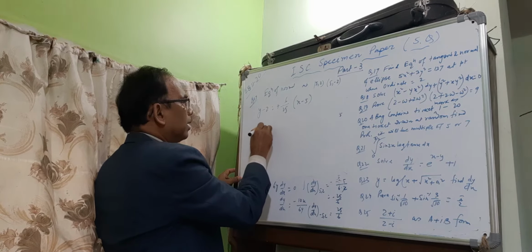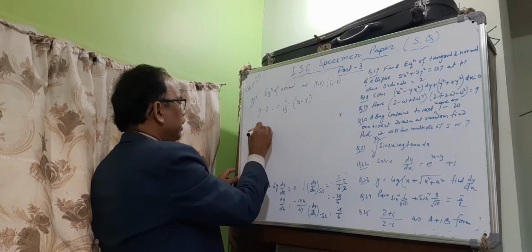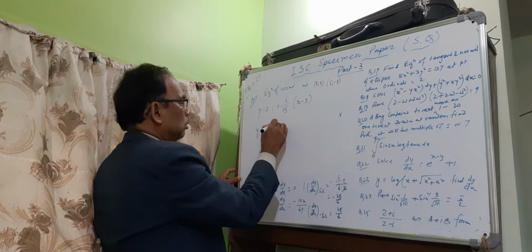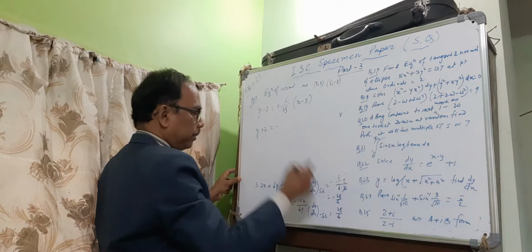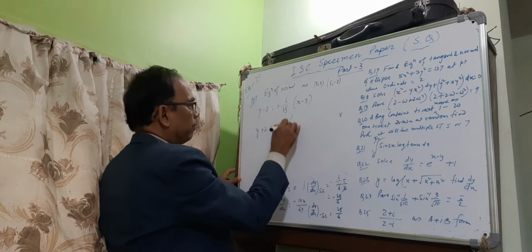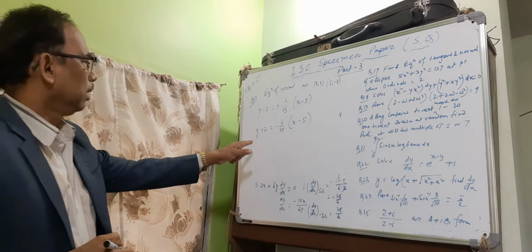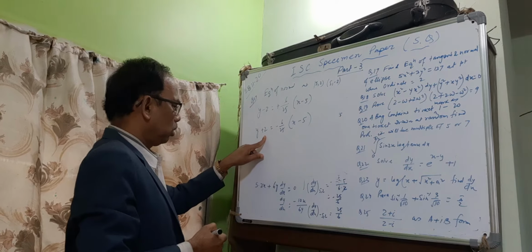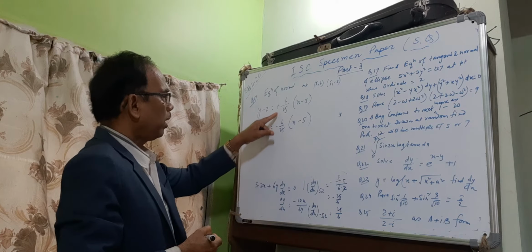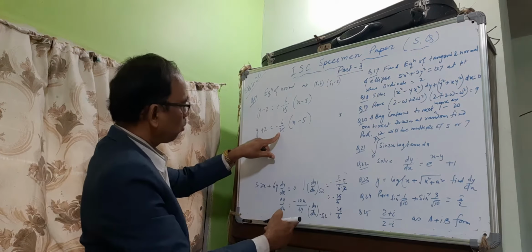So y minus y1 equals minus 1 by m, that is minus 6 by 25 times x minus 5. That is the equation of normal.